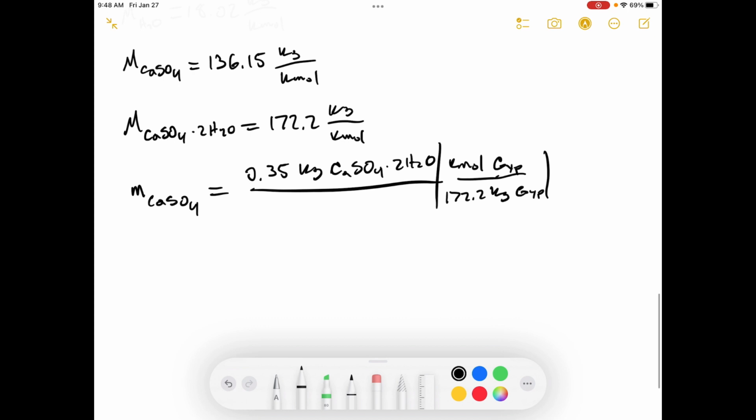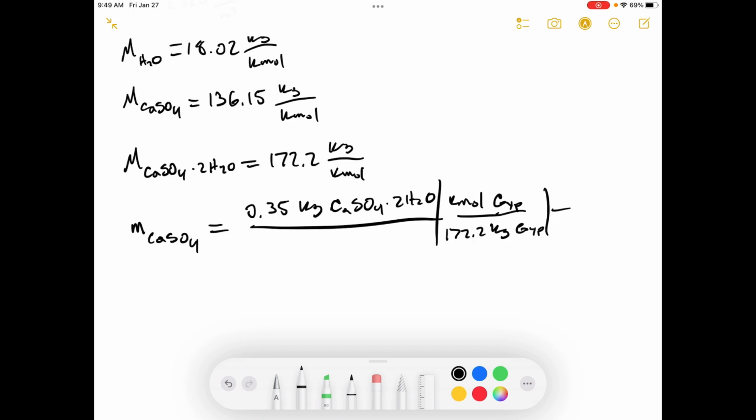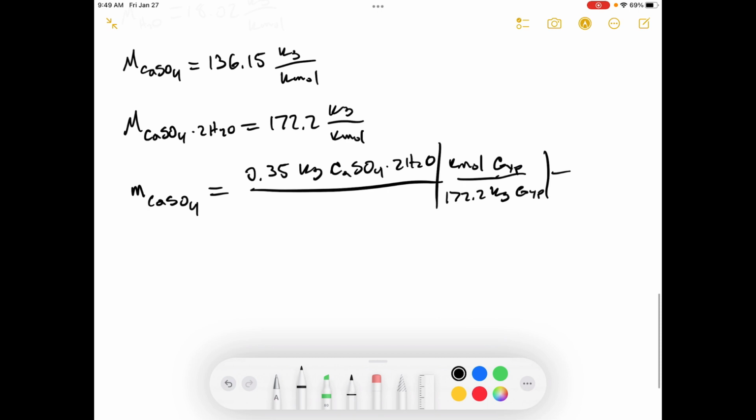Okay, and continue underneath here. So now we have moles of gypsum, and now we're going from how many calcium sulfates are there in every gypsum. Well, there's one calcium sulfate. There's 1 kilomole of calcium sulfate for every kilomole of gypsum.